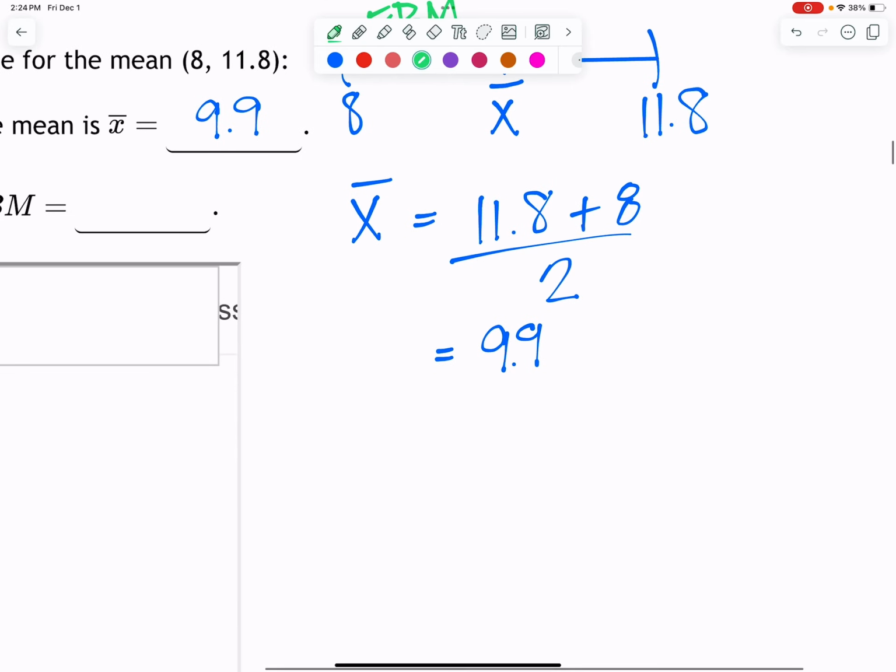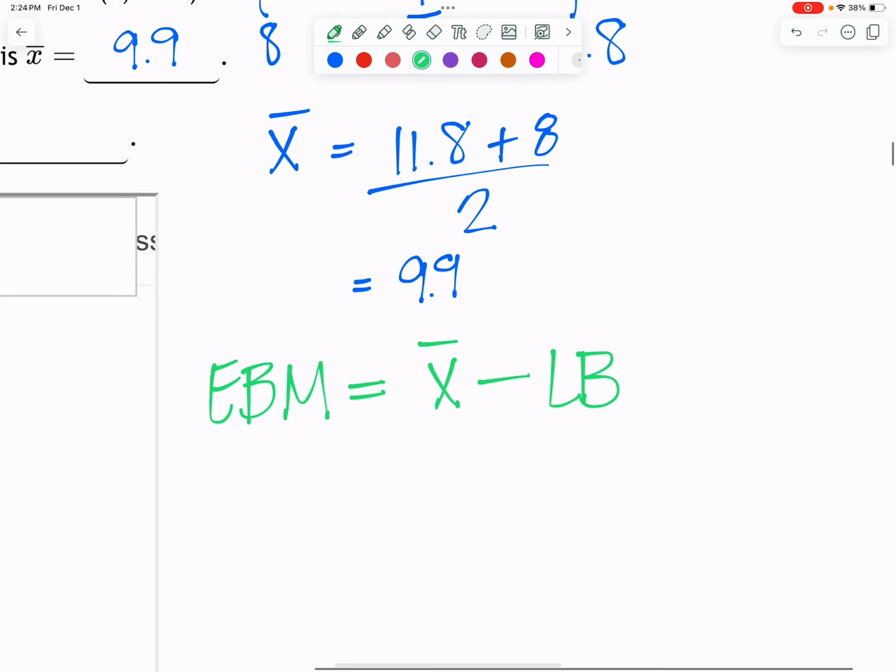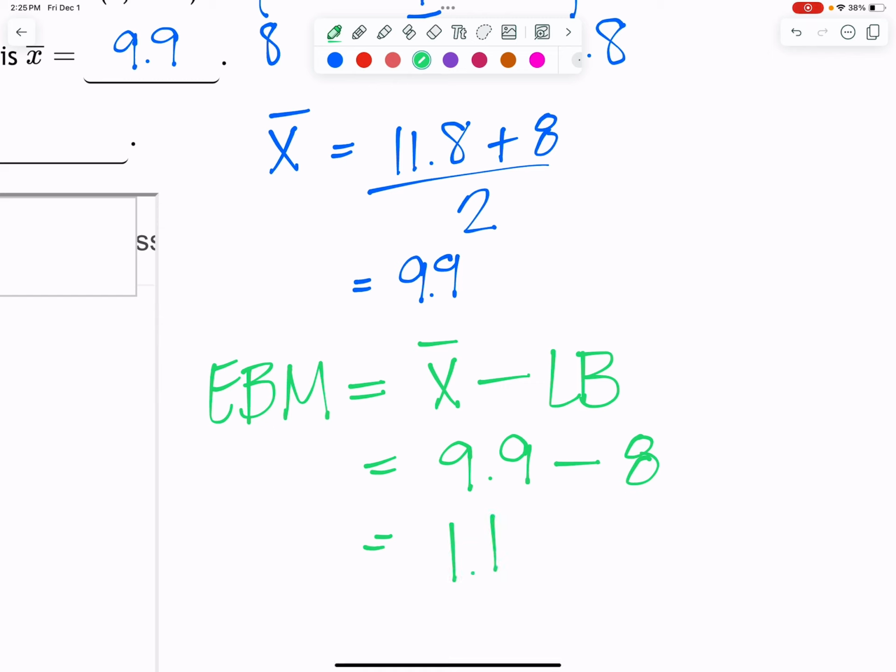So to calculate the EBM, I'm going to do X bar minus that lower bound. So 9.9 minus 8 gives me an EBM of 1.9.